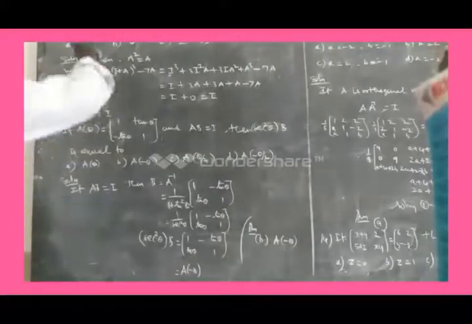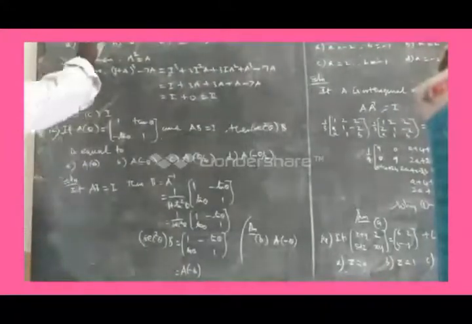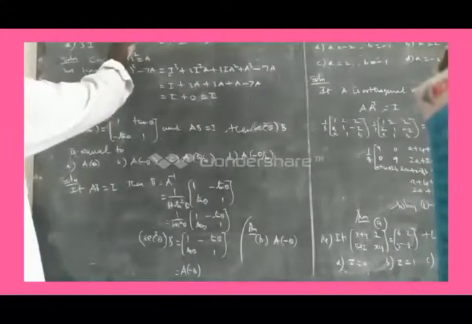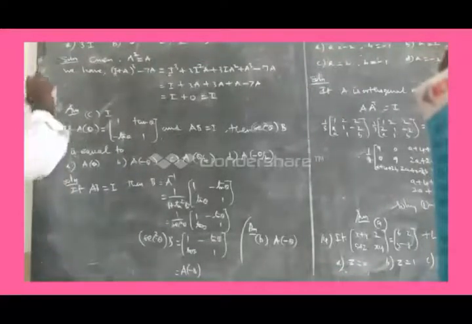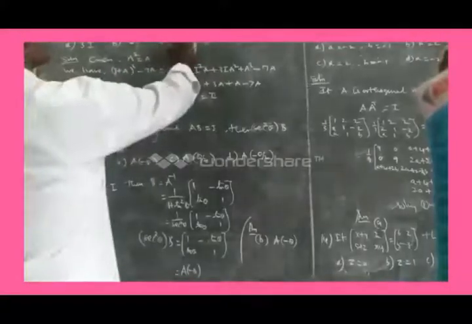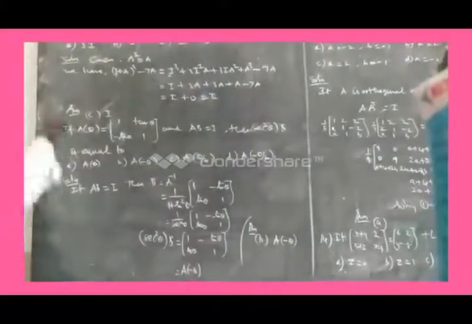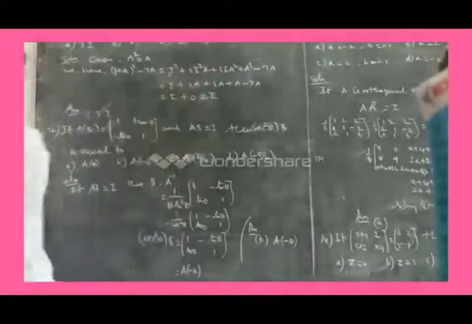Dear student, 11th one. If A is a square matrix such that A square equal to A, then (I plus A) whole cube minus 7A equal to: option A 3A, option B 0, option C I, option D 2I.